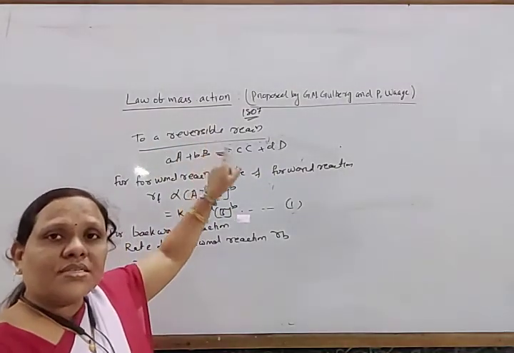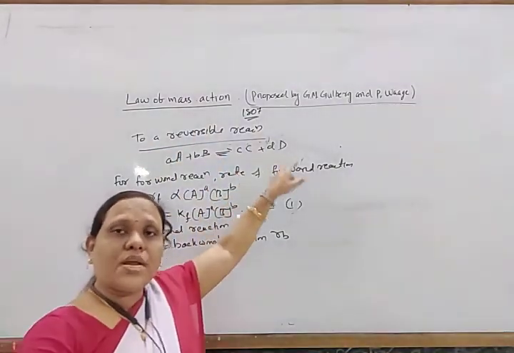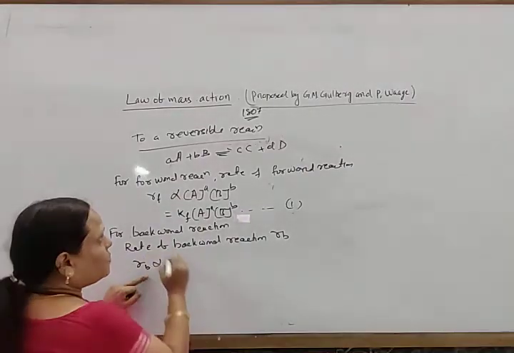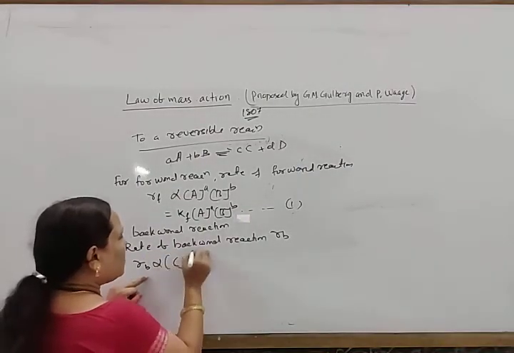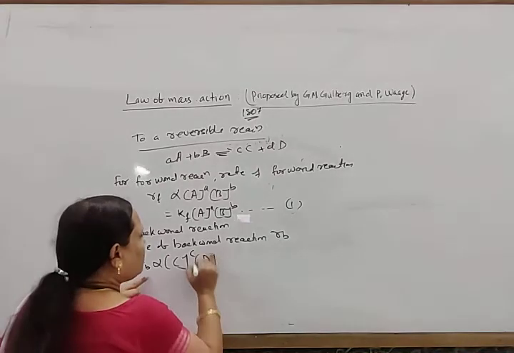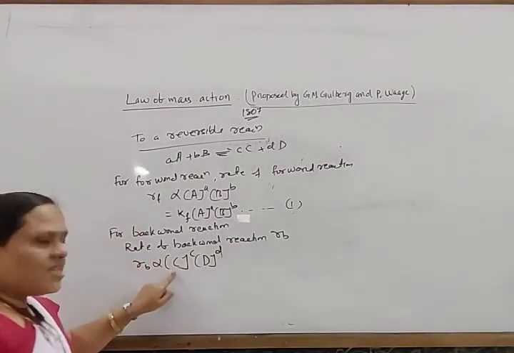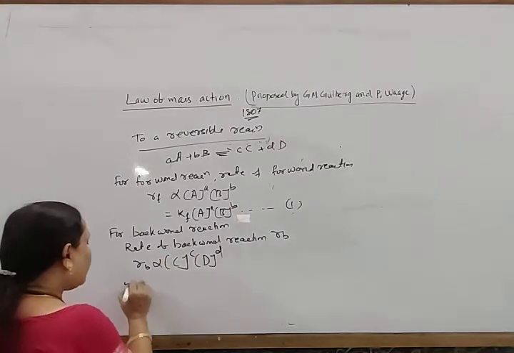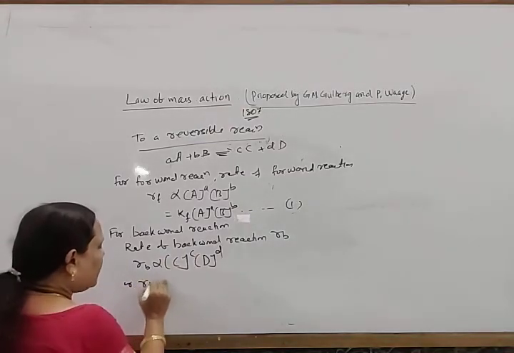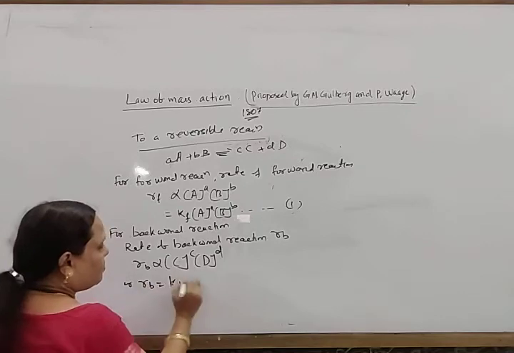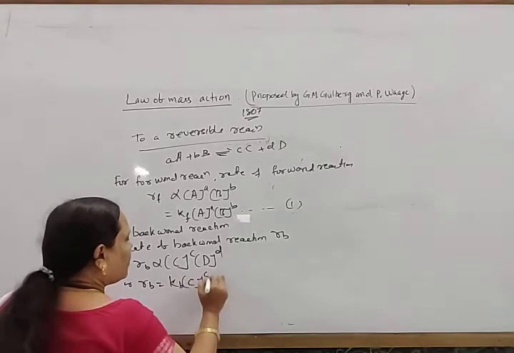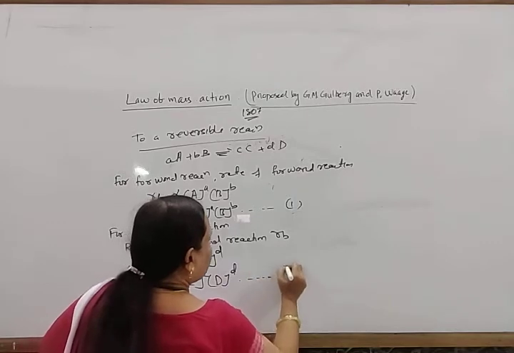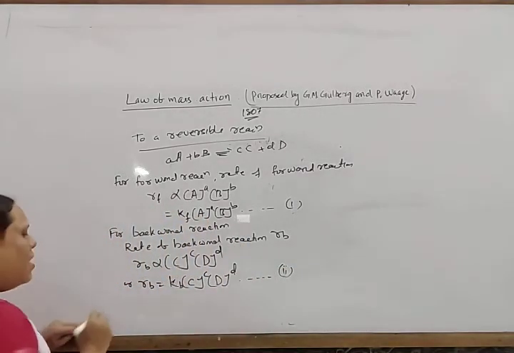And the rate of a reaction is directly proportional to the product of molar concentration of the reactant species. So the rate of backward reaction is proportional to [C] to the power c into [D] to the power d, where these are the reactants and these are the coefficients. Remember this. Or Rb is equal to some constant Kb times [C] to the power c into [D] to the power d. This is equation 2.